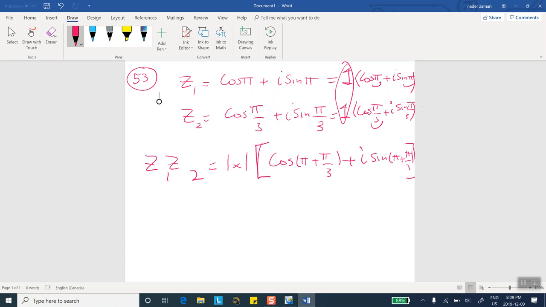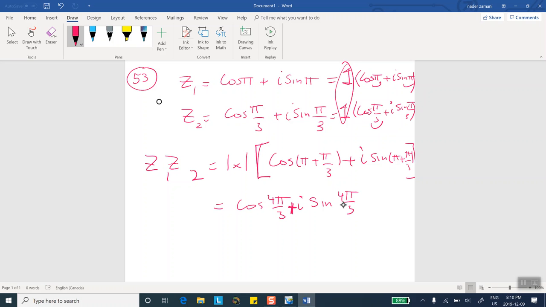So if you look at the answer in the book, they probably write it like that. They don't write 1 times 1. You just leave it like that. Cosine of 4 pi over 3 plus i sine of 4 pi over 3.